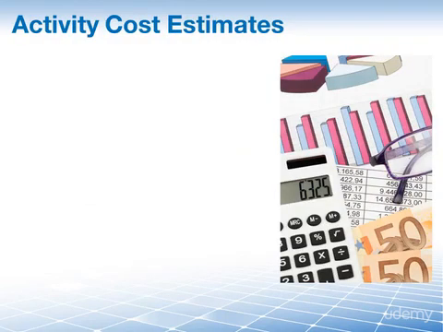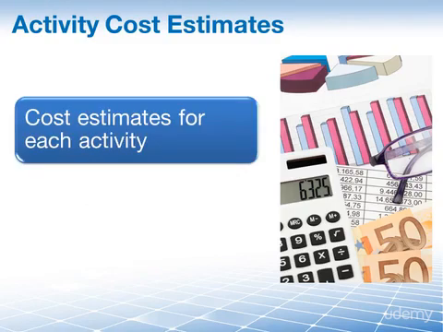The activity cost estimates show your cost estimates for each activity. This cost includes all the resources, both direct and indirect, that you need on the task, like labor, material, equipment, and so on. It may also include allowances for inflation or a contingency reserve amount. Why do we need this as an input?